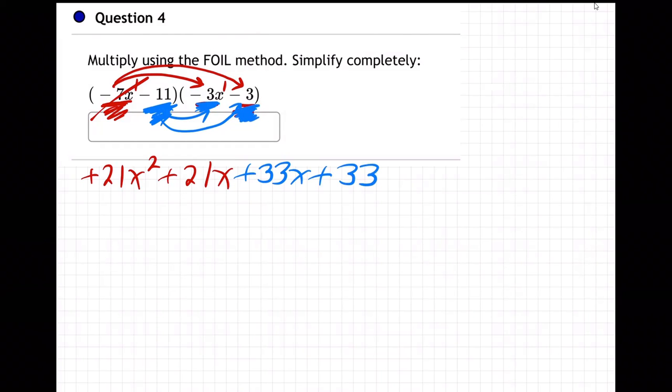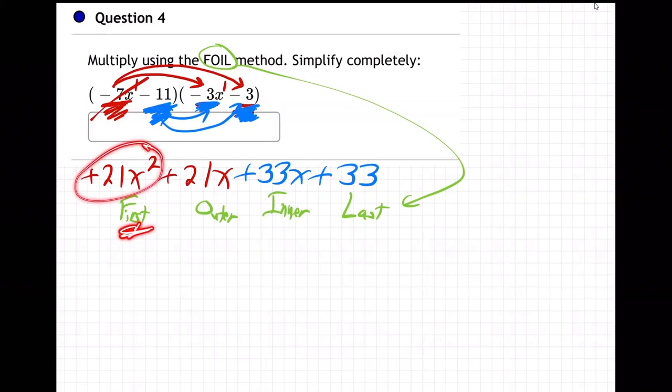Okay, now they call that FOIL. I'll write FOIL for you. That's another good way. What they mean is F stands for first, O stands for outer, I stands for inner, L stands for last. That's FOIL. First, outer, inner, last. That's another good way to remember how you multiply two terms times two terms. The first term comes from the first item times the first item.